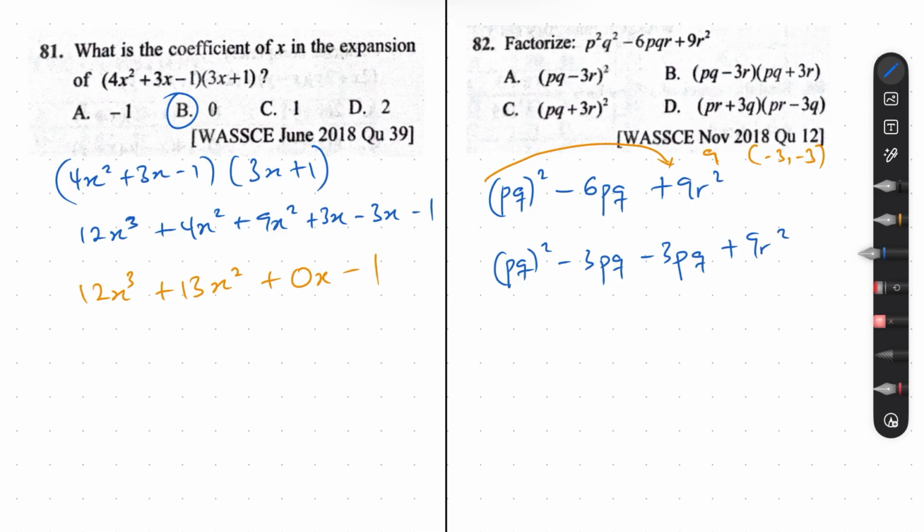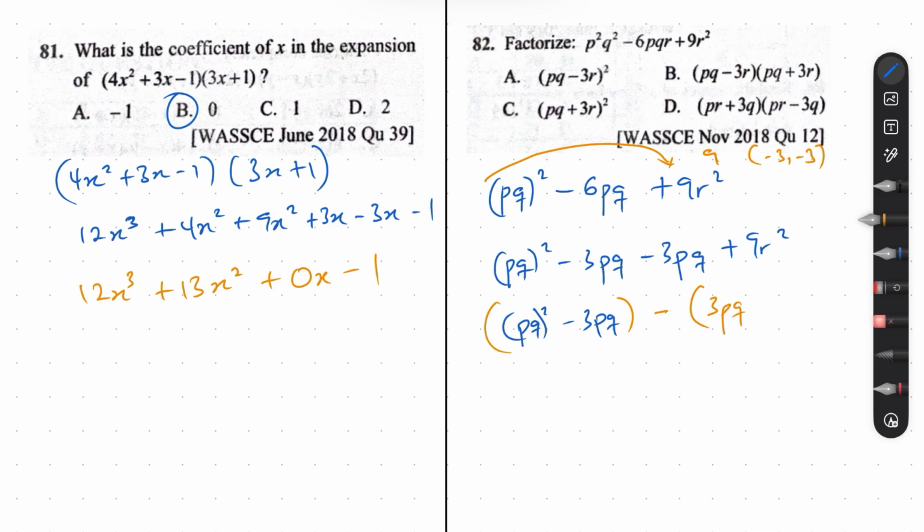Now we can group them into brackets, okay? But when we group them, this one we can't just group it, right? Because of this negative, it will affect the negative in here also. So let's do that. We have PQ squared minus 3PQ in one bracket, then minus, then we put this in the bracket 3PQ.